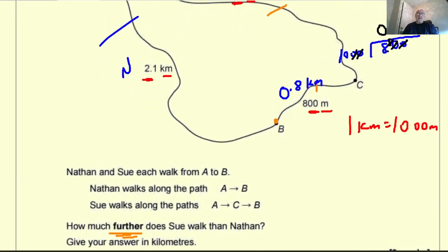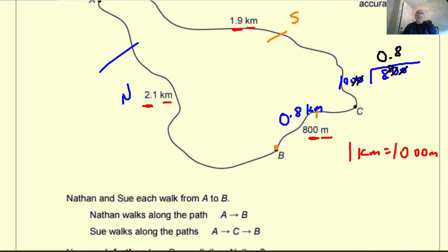Now we need to work out how much further. So Nathan goes from here right the way down to B, so that gives me 2.1. So Nathan is 2.1. Sue starts at A and goes 1.9 plus 0.8. Because we do both of these paths, we get to C, and then we do 0.8.